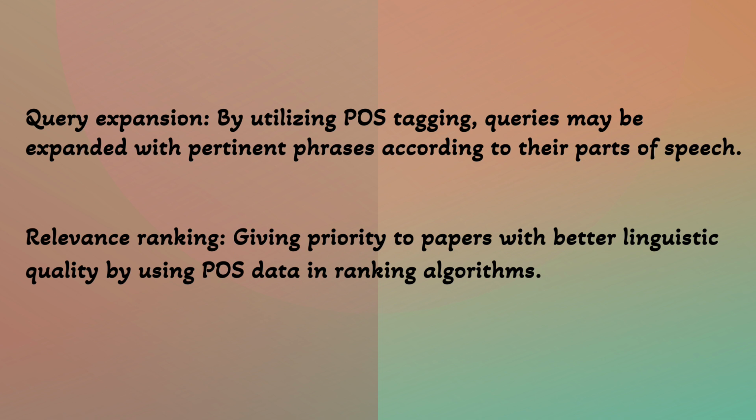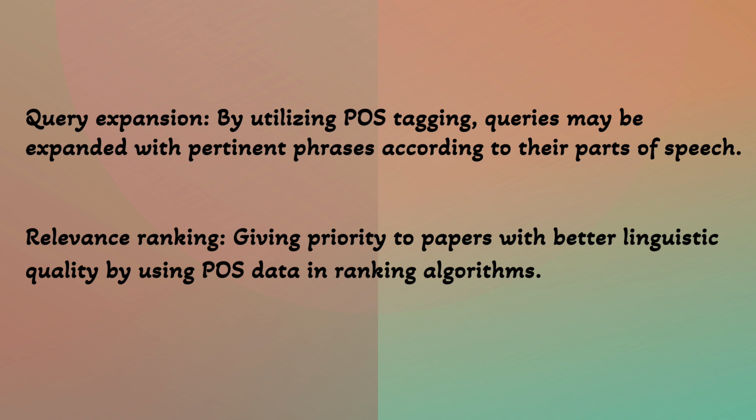This expansion enriches the query with semantically relevant variations, increasing the likelihood of retrieving comprehensive and diverse search results. As a result, users are more likely to encounter relevant documents, even if their initial query terms do not precisely match the content of those documents.